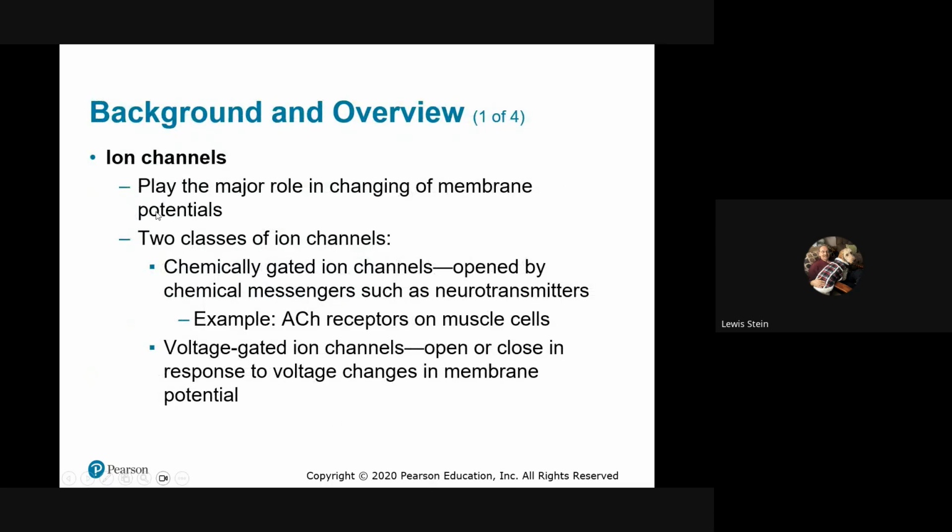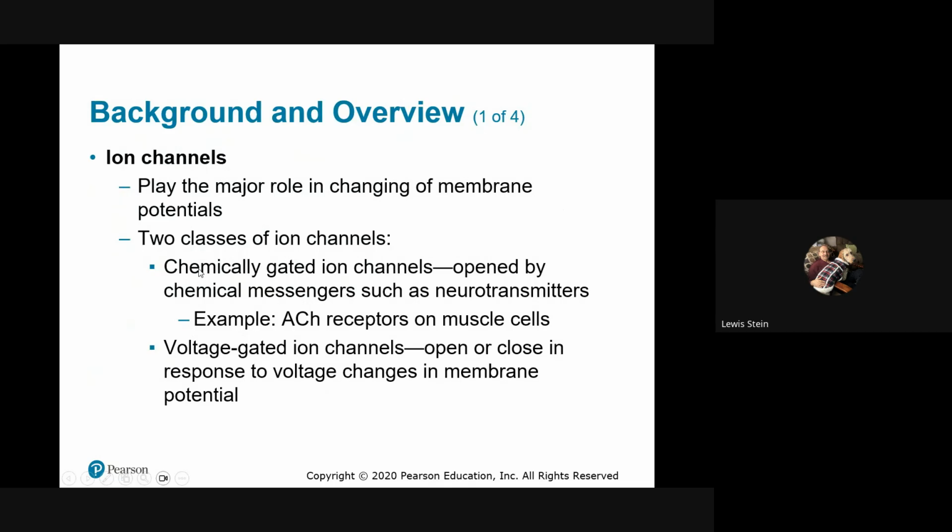So the major role in changing the membrane potential involves these channels. This is the introductory nugget, and again, this is almost like going back. It's so important to listen to stuff again. I was so disappointed that many people did not, but it's much more important now.